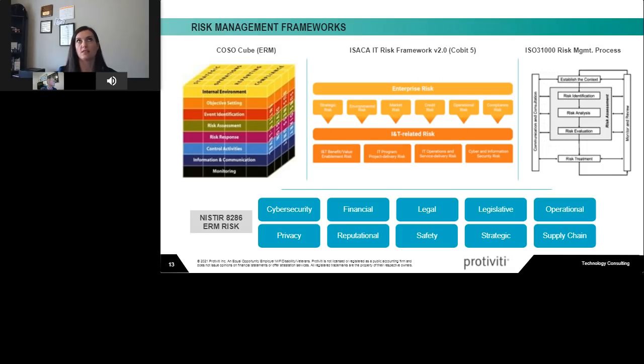And I think NIST IR 8286 is really trying to hammer this home, that one of the big downfalls of cybersecurity risk assessment is that it's in a silo and doesn't look across the entire organization, and how we communicate that and use the ERM framework to help facilitate those challenges. One example that NIST IR uses is that cybersecurity risk and credit risk are different elements within the ERM portfolio.